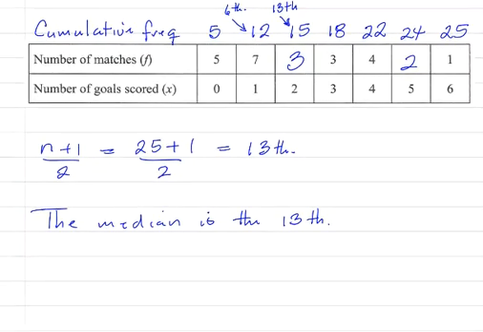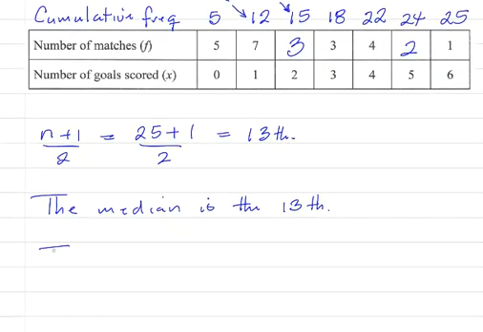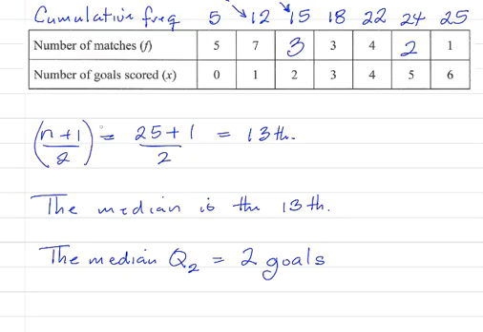The 13th to the 15th value is 2. Therefore, the median, which is Q2, is equal to 2 goals. The median number of goals scored is equal to 2. How did we determine it? First, we use the formula (n plus 1) over 2.